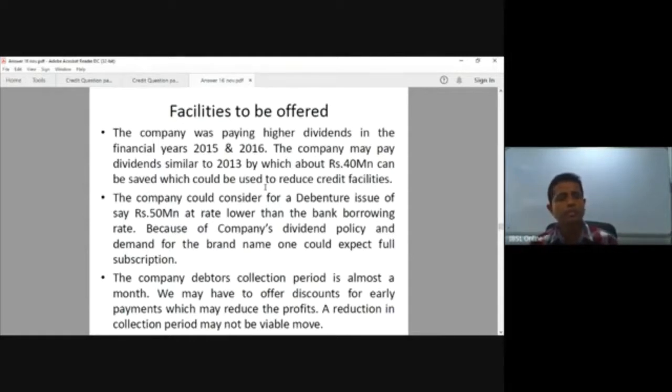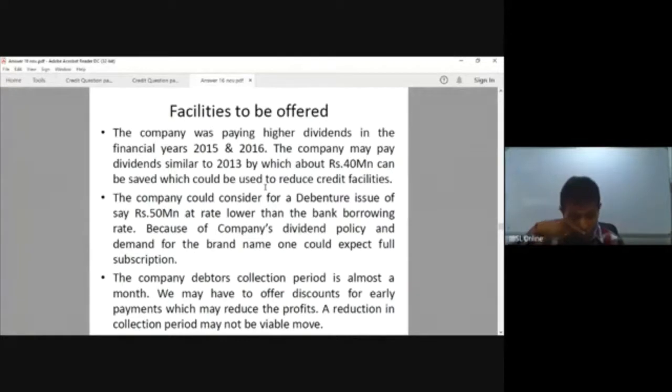First option is the company was paying higher dividend. The point I raised earlier, the company was paying higher dividends in the financial years 15 and 16. The company may pay dividends similar to 2013, by which about 40 million can be saved, which could be used to reduce the credit facility.